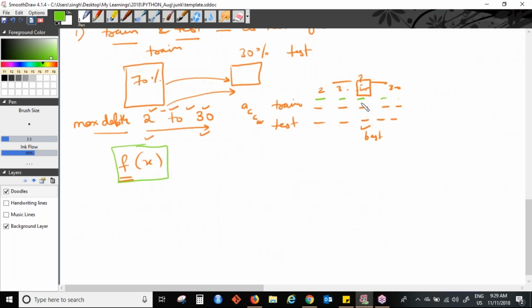Do you understand why this is wrong? Any questions? It is not possible, but you have been doing this, right?